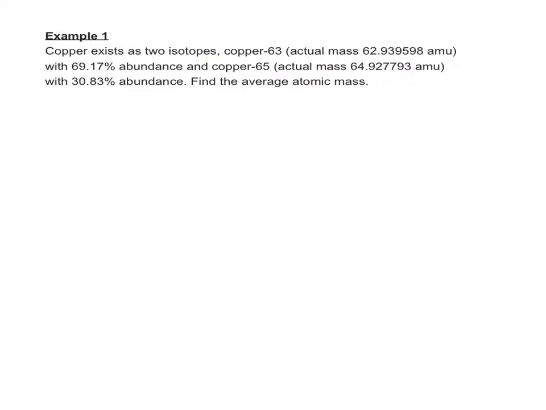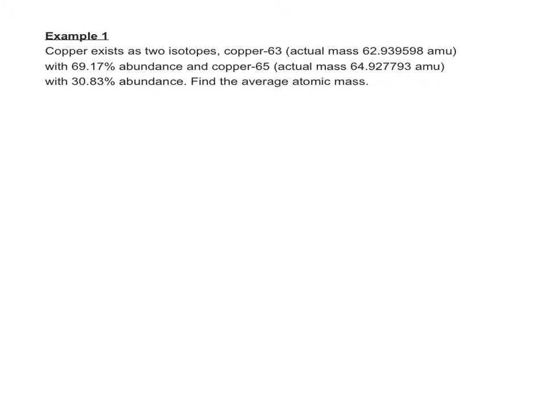So here's the examples that you're actually going to be dealing with in class. Copper exists as 2 isotopes, copper 63 with an actual mass of 62.939598. And that isotope of copper has a 69.17% abundance. And copper 65, which has that actual mass, has a 30.83% abundance. Find the average atomic mass.